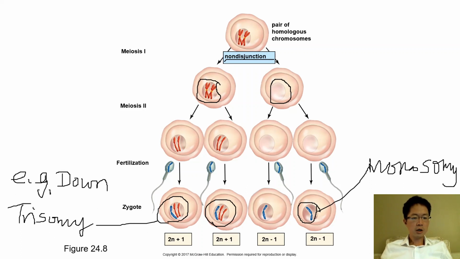And it is a trisomy at chromosome number 21. It is not the sex chromosome. If you have trisomy in the sex chromosome, we have other sex chromosome disorders. For the body chromosome, for example chromosome number 21, if you have trisomy, that means three chromosomes in body chromosome number 21, then you will have Down syndrome.